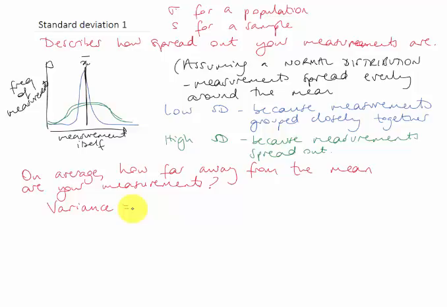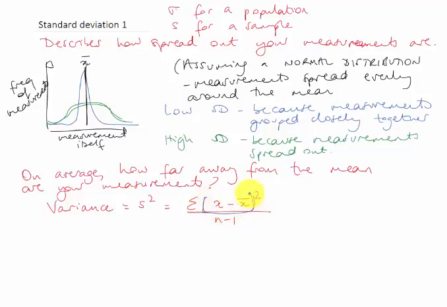So I'm going to show you the formula for variance, which is S squared, and that is equal to the sum of (x minus the mean) squared, all over n minus 1. So let's break down what that means. We're asking, on average, how far away from the mean are your measurements?